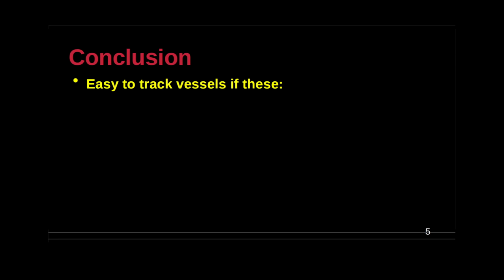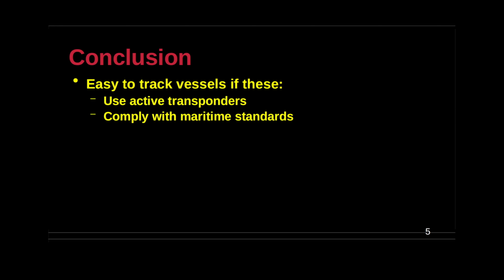We conclude that it is easy to track vessels, but there is a very big if. The vessels keep their transponders operating with correct credentials, understand that the data permits safer navigation.